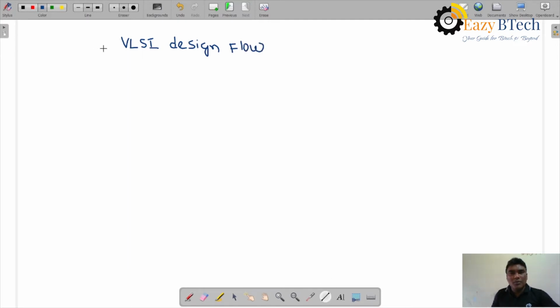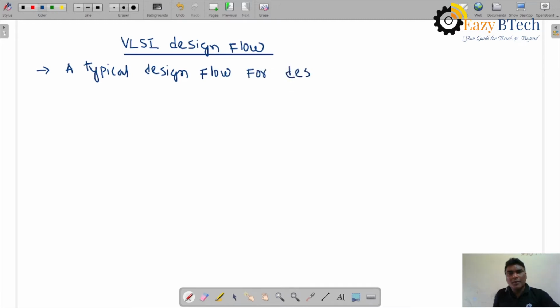A typical design flow for designing very large scale integration.